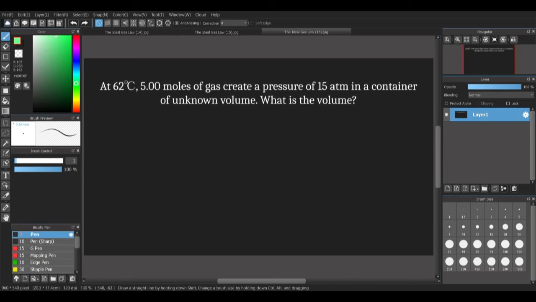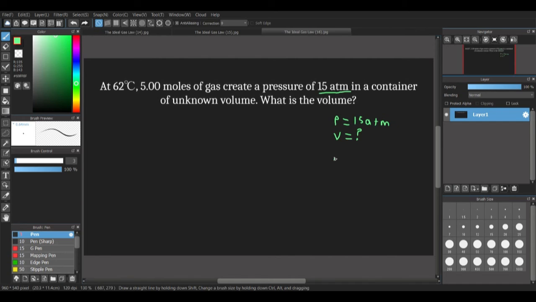For our final example, we are told that at 62 degrees Celsius, 5 moles of gas create a pressure of 15 atmospheres in a container of unknown volume. What is that volume? So we're going to write our givens first. We're told that our pressure is equal to 15 atmospheres. We're told that our volume is what we're solving for.